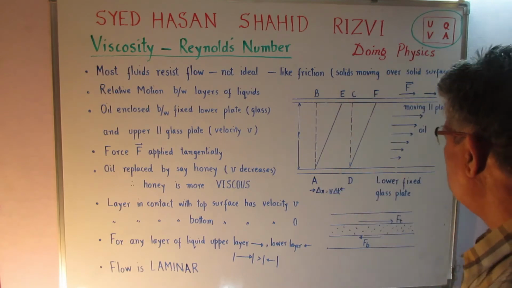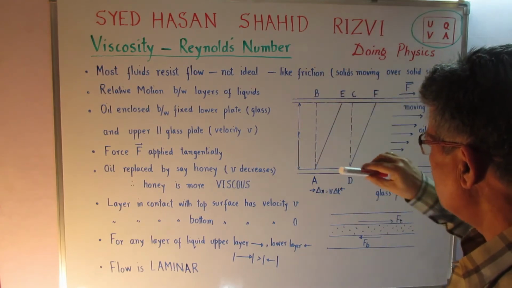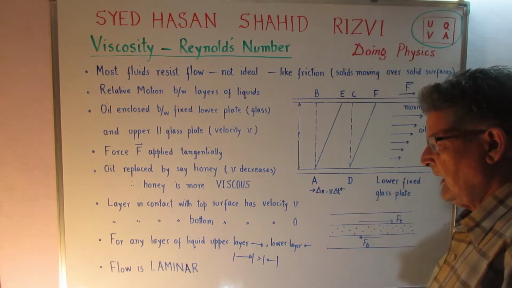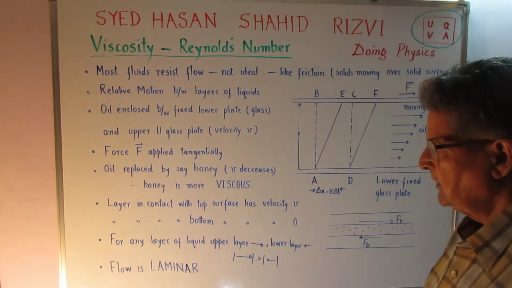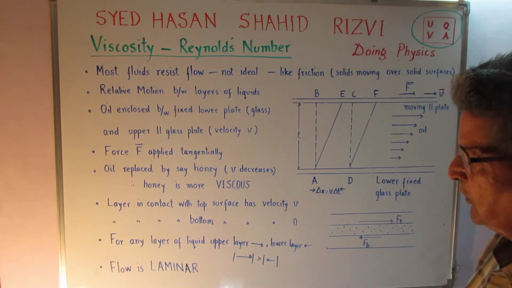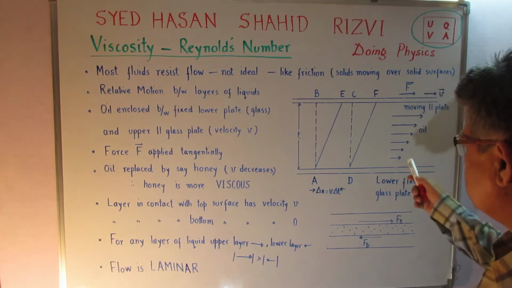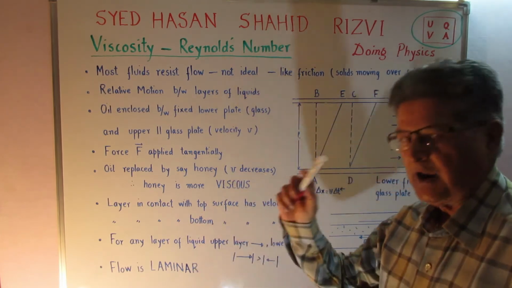Such a flow of the liquid between two plates of glass is called a laminar flow, because the surfaces of the liquid, which have different, changing velocities, act like lamina.